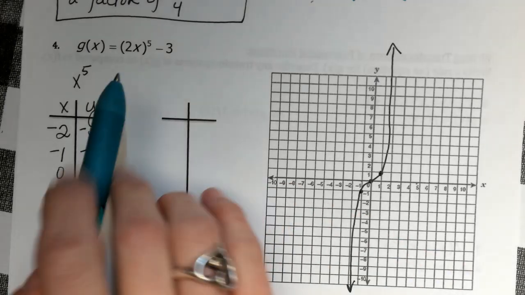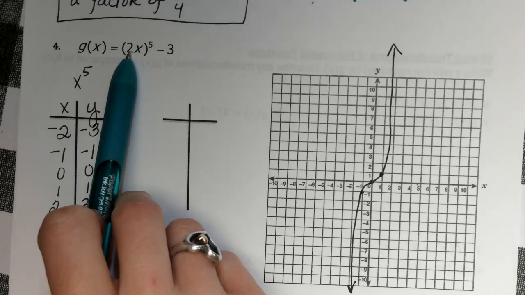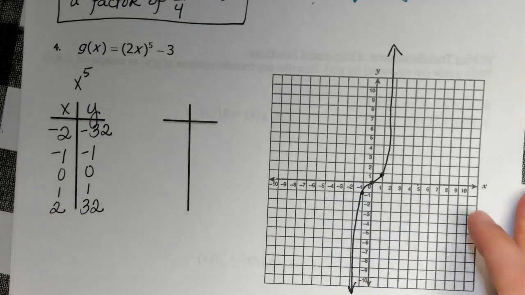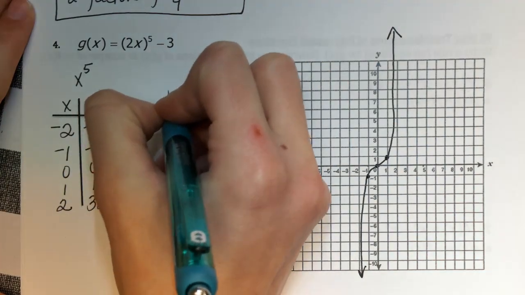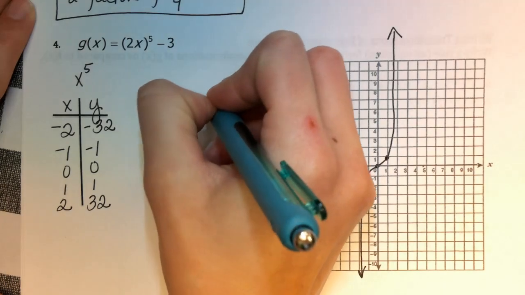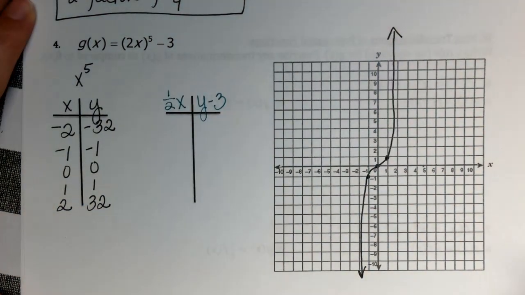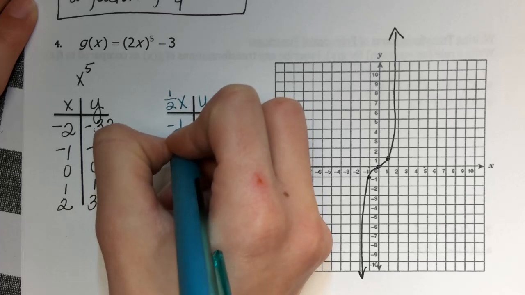Now, I have a 2x in parentheses. It's always opposite. So really, I'm not multiplying by 2. I'm multiplying by 1/2. But my y, I'm subtracting 3. So negative 2 times 1/2, negative 1.